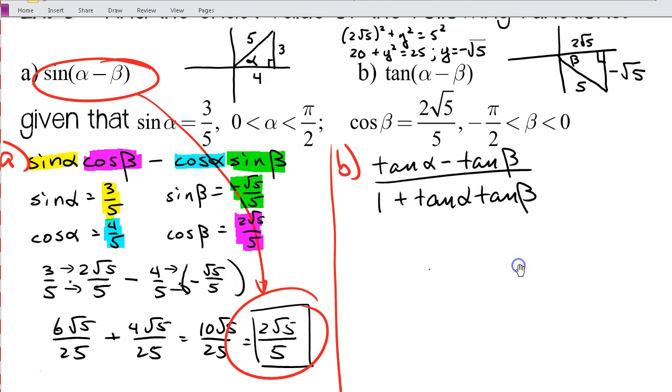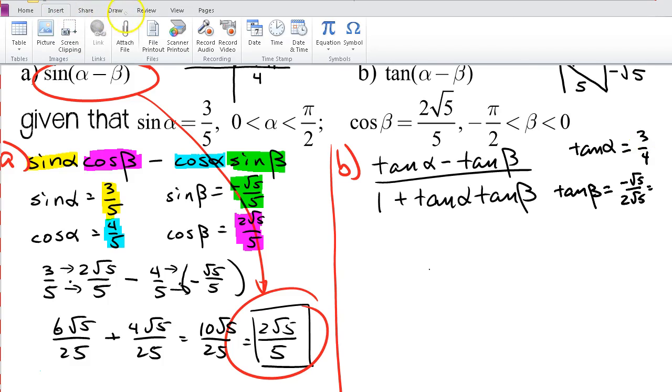So again, let's go ahead and find tan alpha, tan beta for this. So I've got that the tangent of alpha, we're going to go over to the triangle over here. Tangent is opposite over adjacent, so that's going to be 3/4. And the tangent of beta, going over to this triangle, is going to be opposite over adjacent, so that's negative root 5 over 2 root 5.